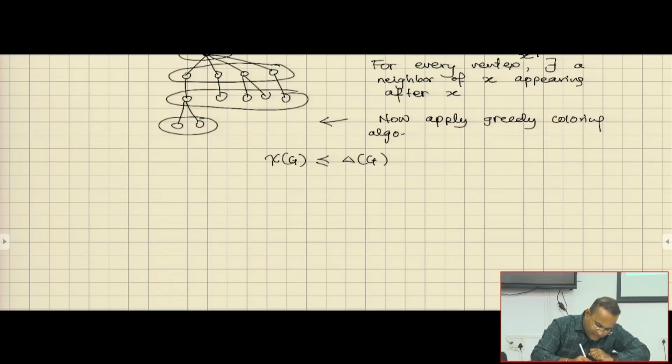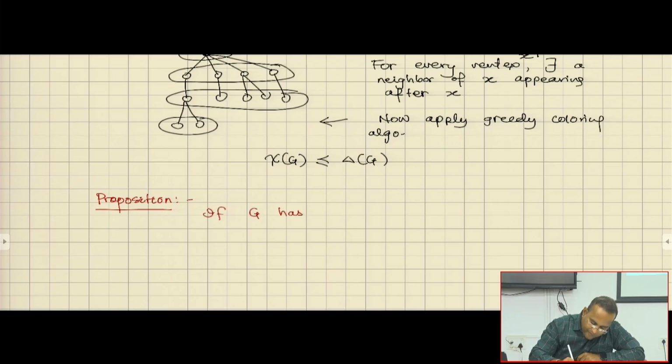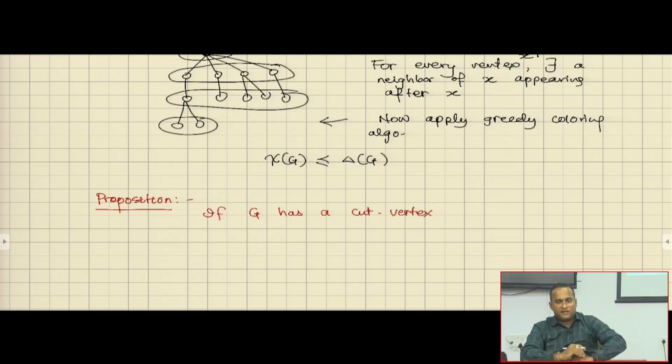So one more proposition I want to do. If G has a cut vertex V, then what can we say about chi of G?